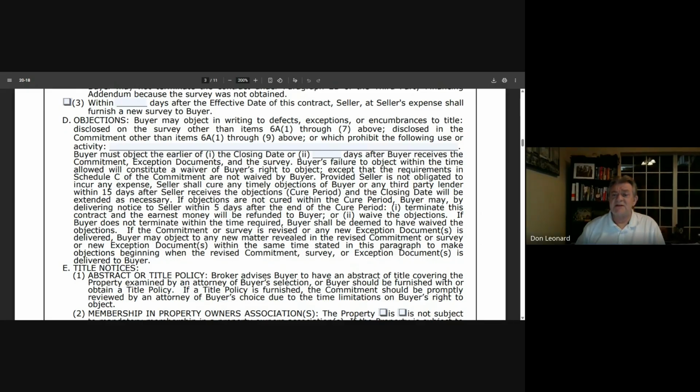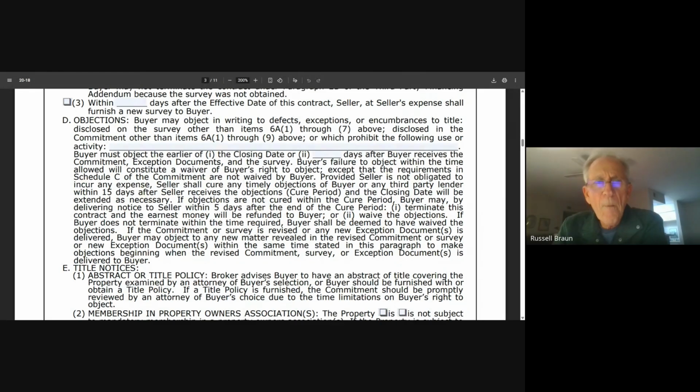I mean, usually it's not a whole lot. Most of the time I see like 3 to 5 because that's the time to object. And so it really becomes important that when the title policy comes out or the commitment comes out, that they go and look at it. When the survey comes out, it gets looked at because there usually is a pretty short period of time. It's not very, very long normally. Okay. Yeah.